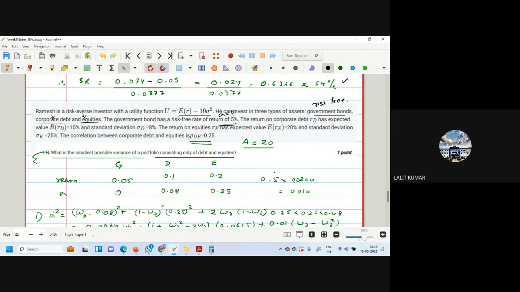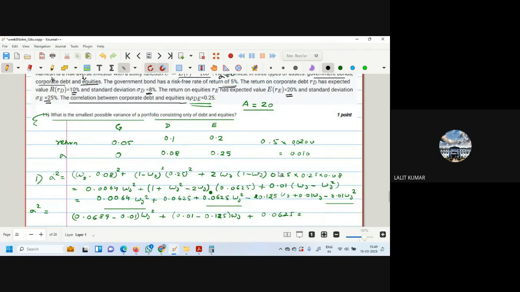Return on corporate debt has an expected 10%. Standard deviation is 8%. Equities is 20% and sigma is 25%. They have given the correlation also between the corporate debt and equity, rho DE is equal to 0.25. So what is the smallest possible variance of a portfolio consisting only of debt and equity?